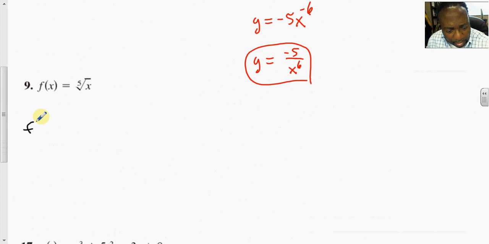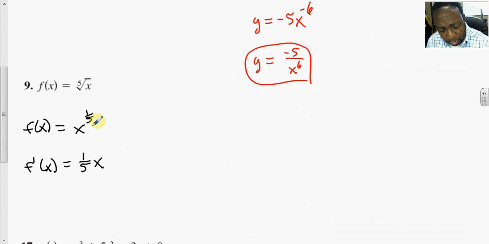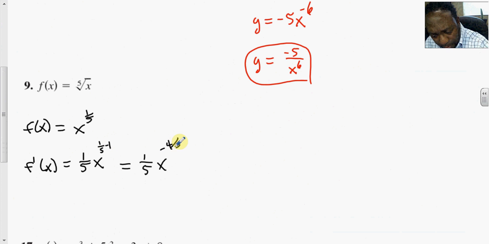Rewrite this function as f of x is equal to x to the 1/5. So the derivative, f prime of x, is 1/5 times x to the 1/5 minus 1. So this is 1 over 5 times x to the 1/5 minus 5/5, that's negative 4/5.